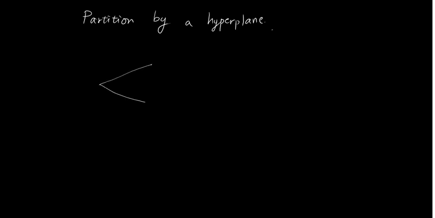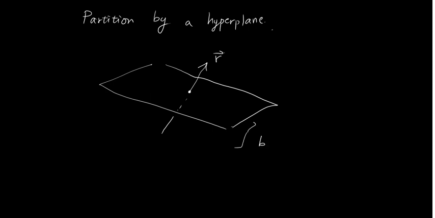What do I mean? If I have a space, and such a space has a normal vector R and a bias, called B, then you can say there are 3 cases.